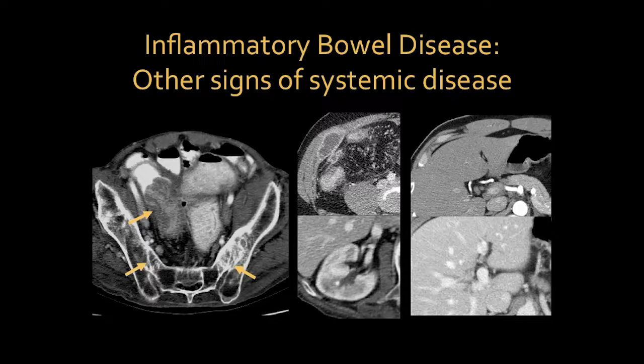They've also got sacroiliitis, fistula formation with abscess in the anterior abdominal wall, renal stones, and then a little bit of common bile duct wall enhancement, and pretty subtle but notable in a young person, central intrahepatic biliary ductal dilatation. Both of those, the biliary wall enhancement and the mild ductal dilation, are early signs of primary sclerosing cholangitis associated with IBD. So look for them in patients where you suspect IBD.